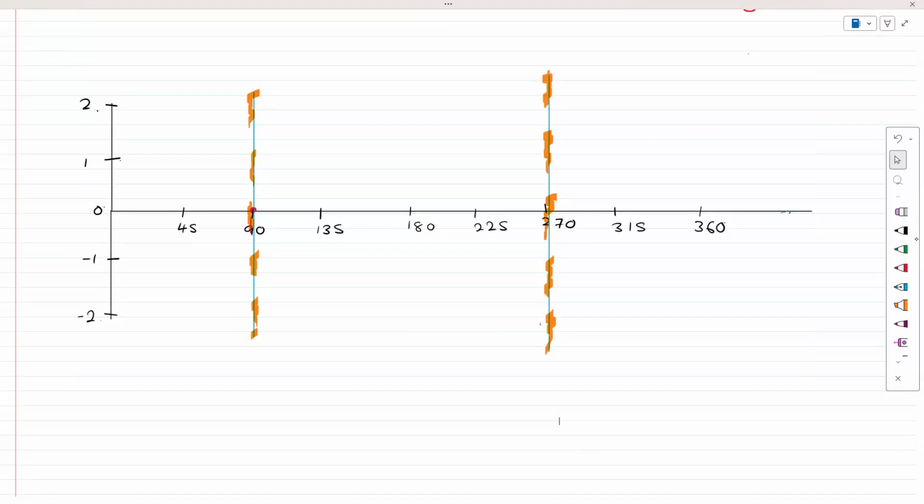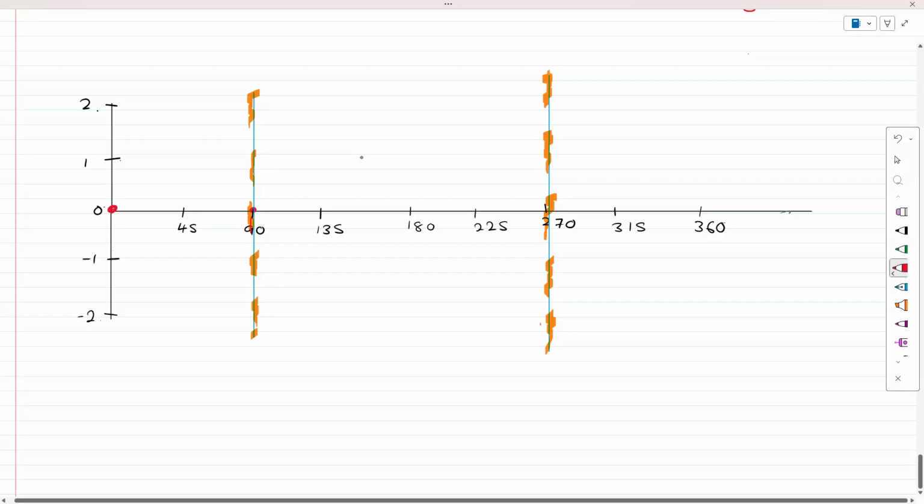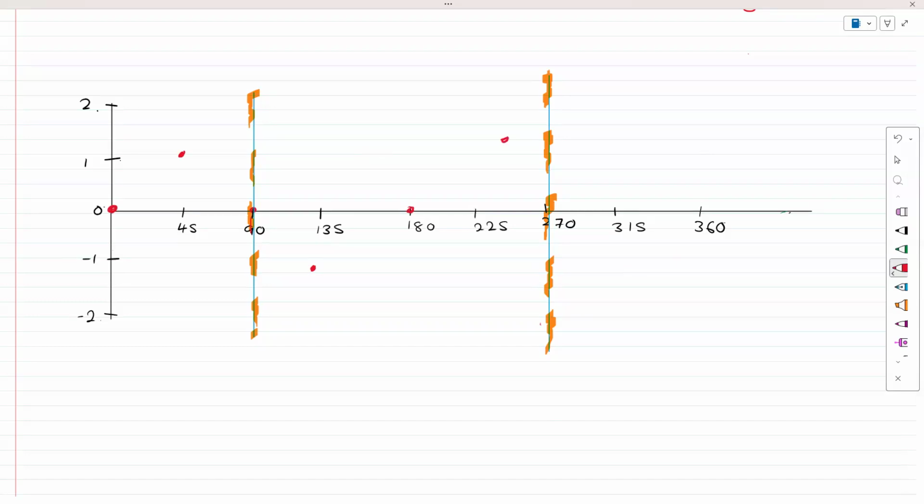Now you look at it, and we're going to start off with tan is 0. 45 would be 1. 90 is an error, asymptote. 135 would be -1. 180 would be 0 most likely. 225 would be 1. If we start here, error, that's -1. And this should be 0.